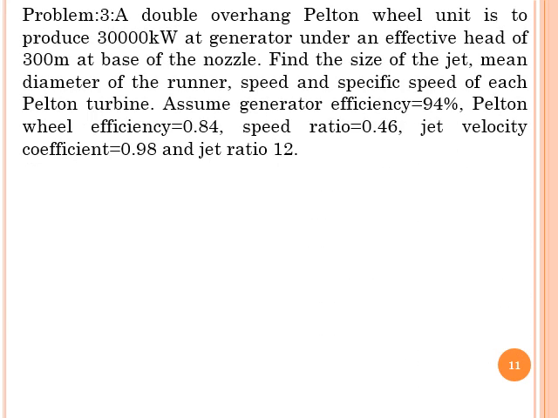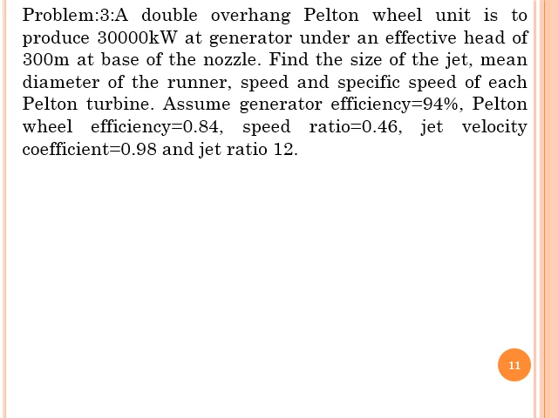So move on to the third numerical on this Pelton wheel turbine. Problem number 3: a double overhang Pelton wheel unit used to produce 30,000 kilowatt is generated under an effective head of 300 meter at the base of the nozzle.